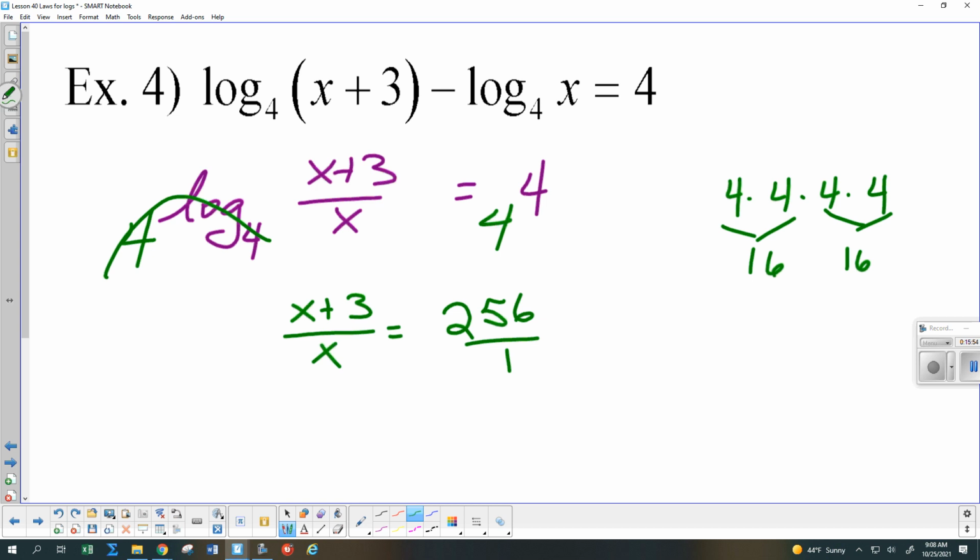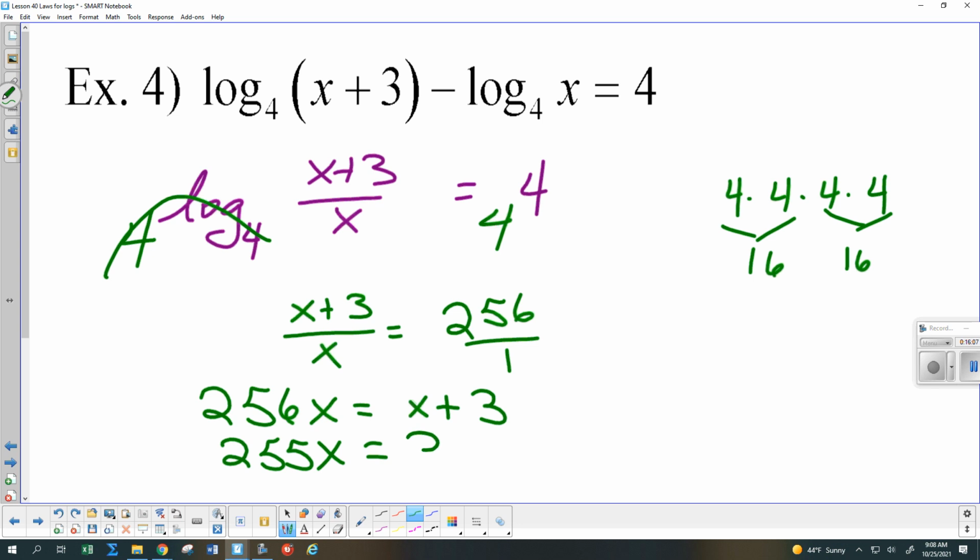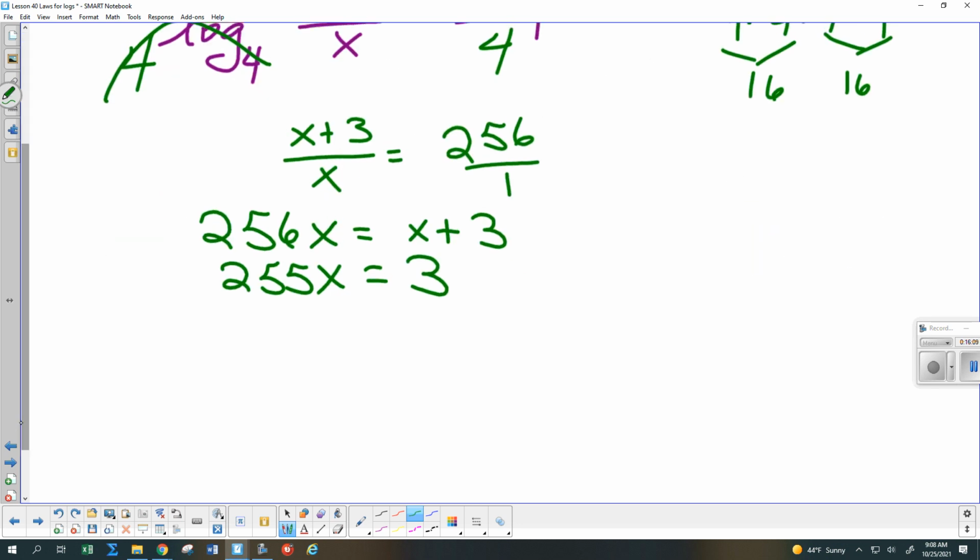Cross product or multiply both sides by x, and we have 256x equals x plus 3. Subtract x on both sides, 255x equals 3, divide both sides by 255. Can I reduce? 5 plus 5 plus 2 is 12.